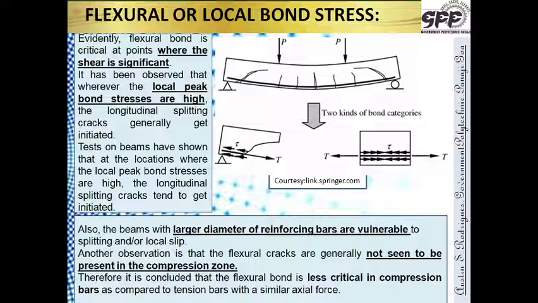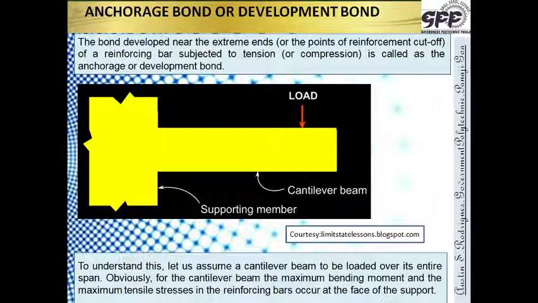The IS code takes cognizance of that and permits an increase of bond stress in the compression zone by 25% as compared to tension.